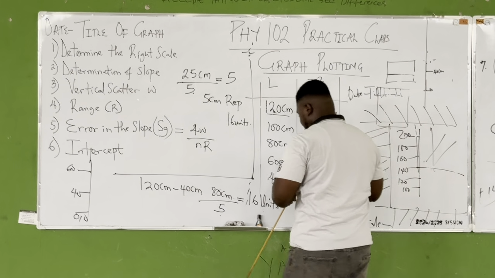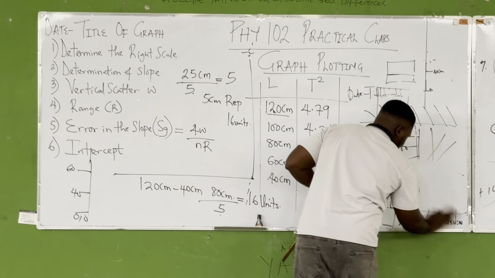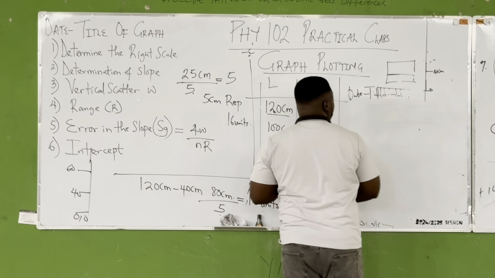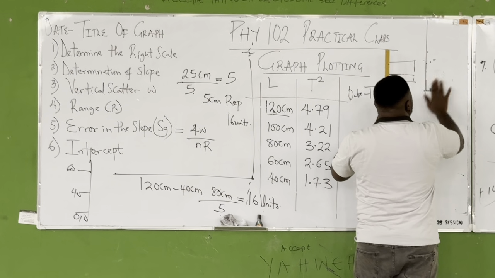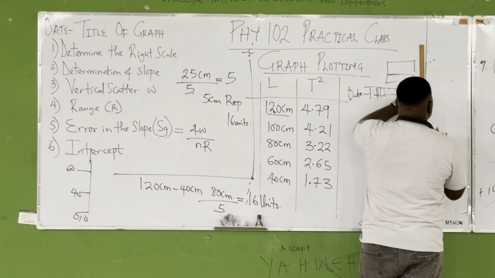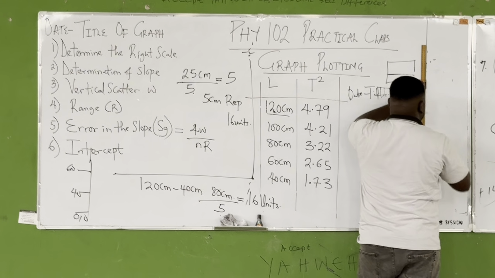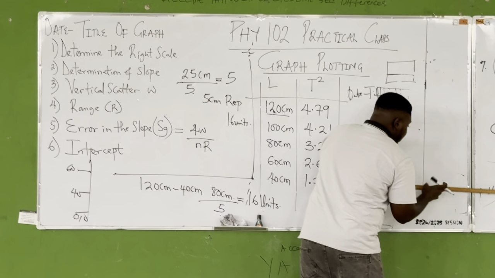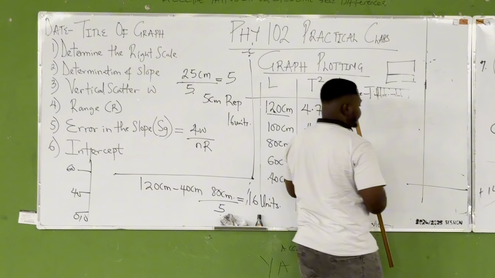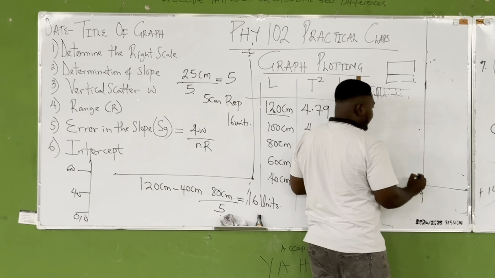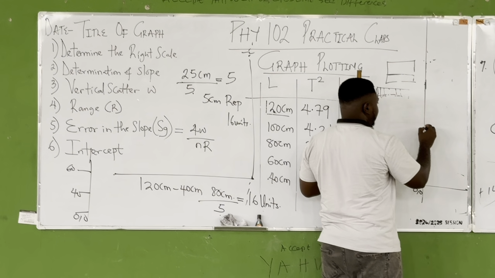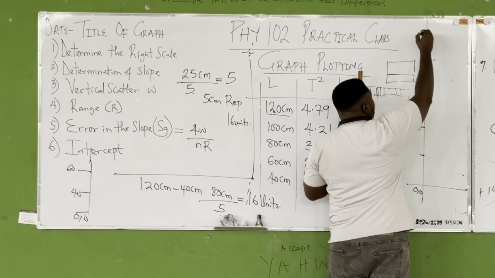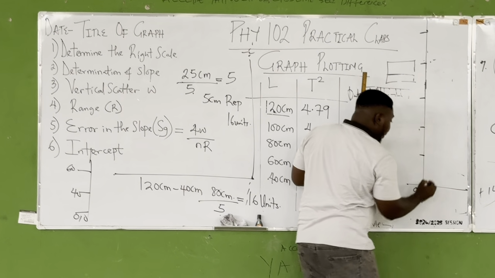Let me show you something. So your graph started here like this. So this is 0, 0. Maybe this point to this point is what you measured in your graph.